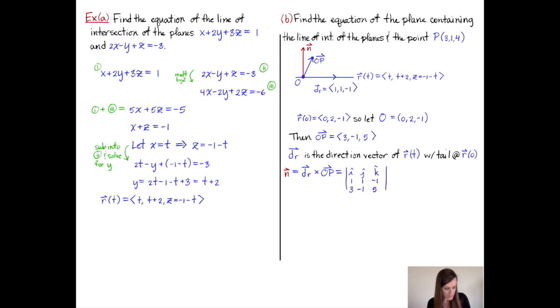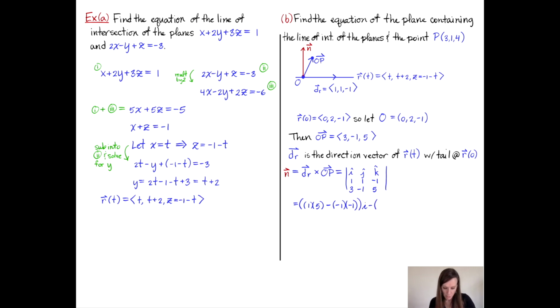Okay, and this is equal to, for our i component, 1 times 5 minus negative 1 times negative 1, minus our j component.